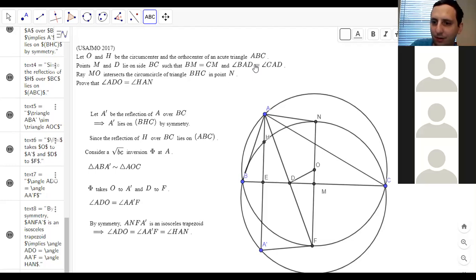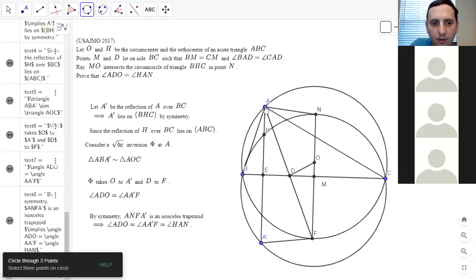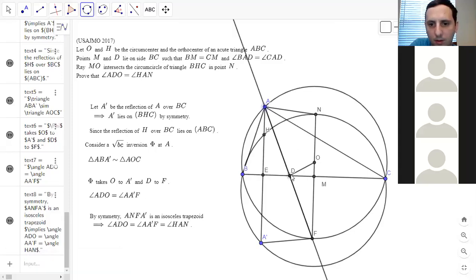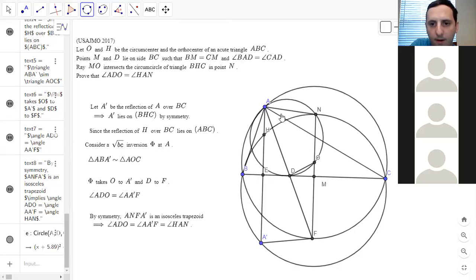Stefan says he did it a way where he showed ADON is cyclic and he used power of a point. Interesting. Once he knows that's cyclic, then ADO is 180 minus ANO, which is HAN.